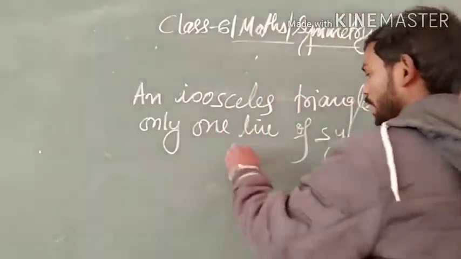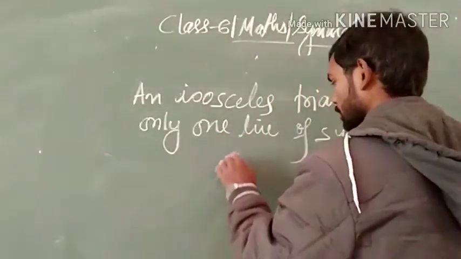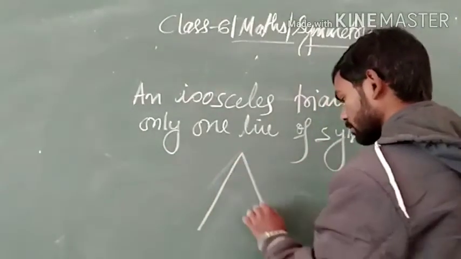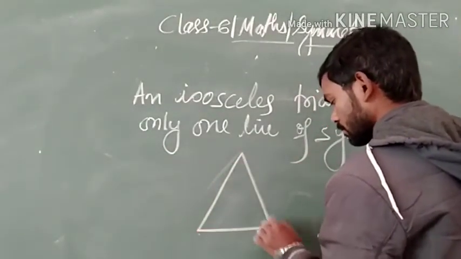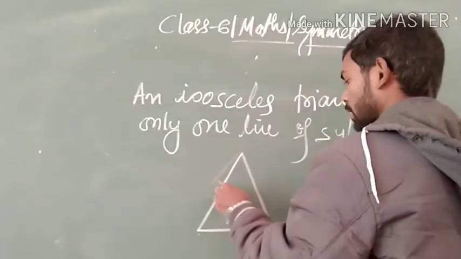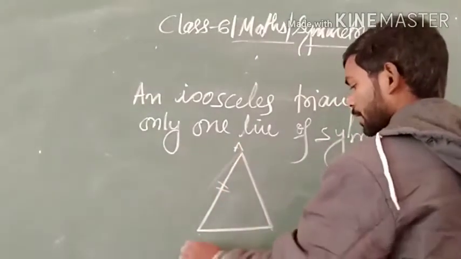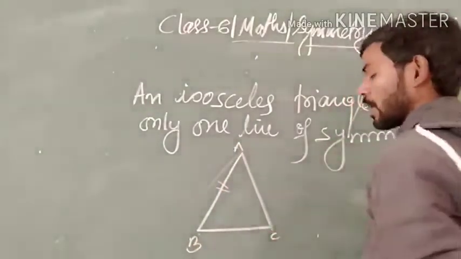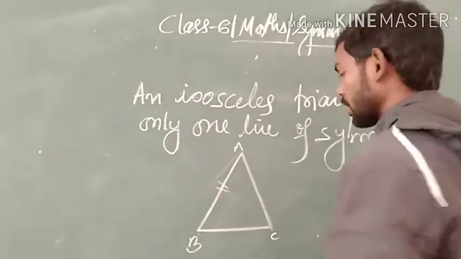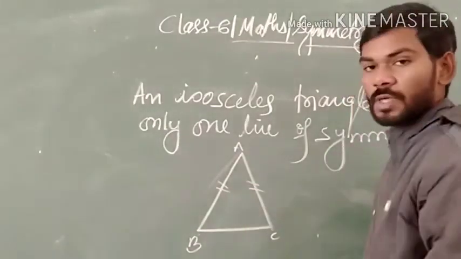So here we can see that ABC is an isosceles triangle where AB is equal to AC.